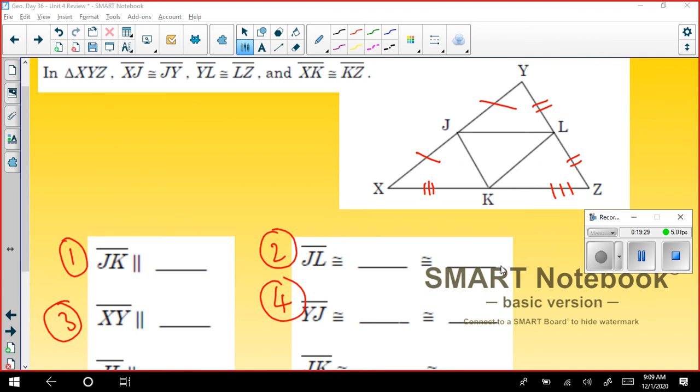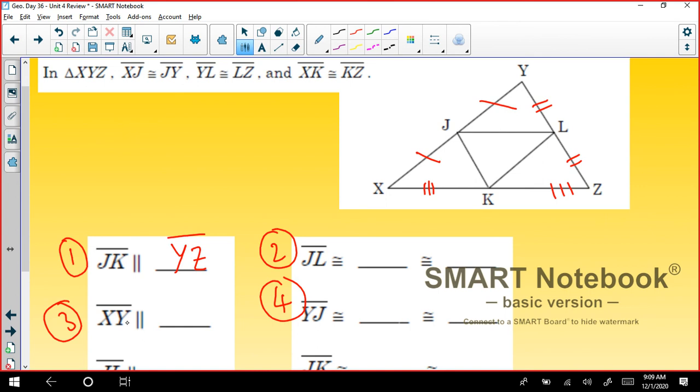As your friend suggested, JK is going to be parallel to the opposite side, which is YZ, and XY is going to be parallel to LK, and JL is going to be congruent to XK and KZ.